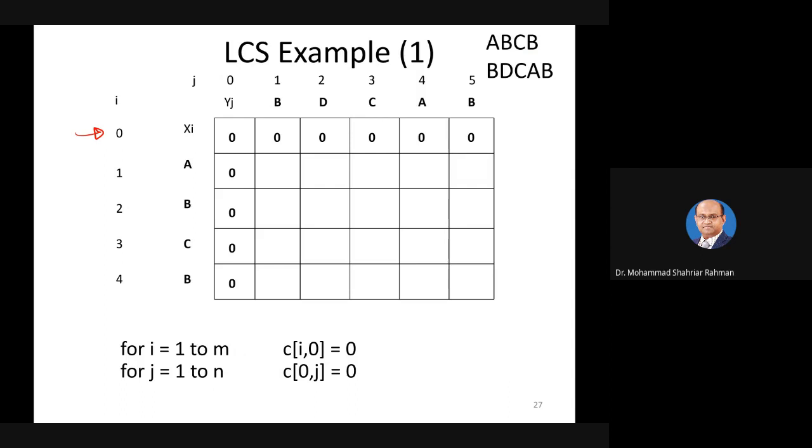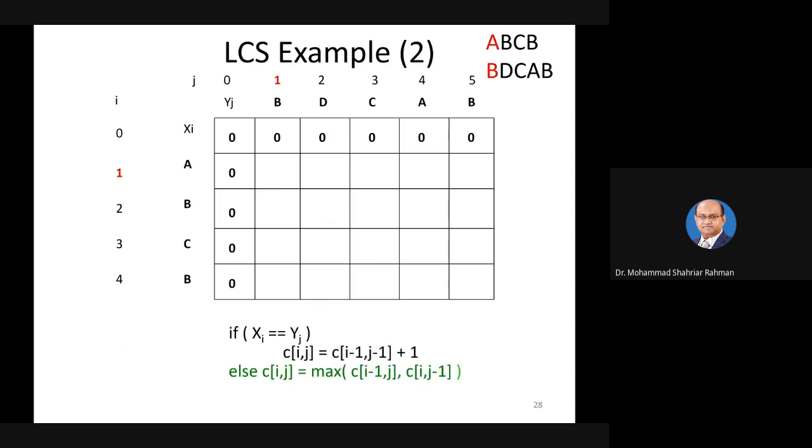Now what happens? আমরা বলছিলাম for I, we move on. Right? So for I1, we have element A. Okay? And we do the computation here.